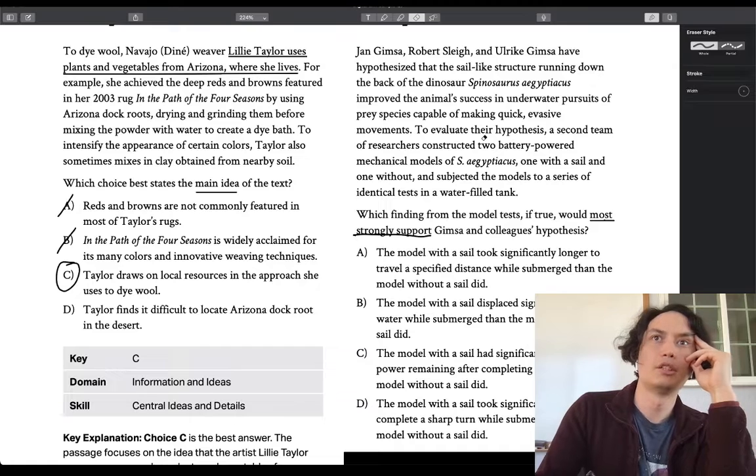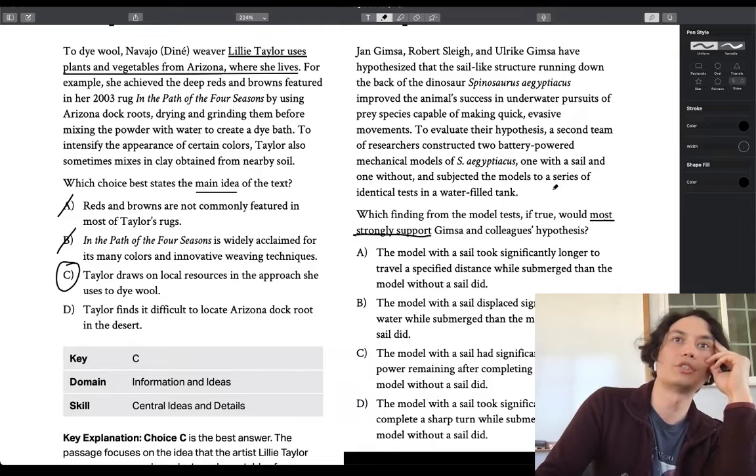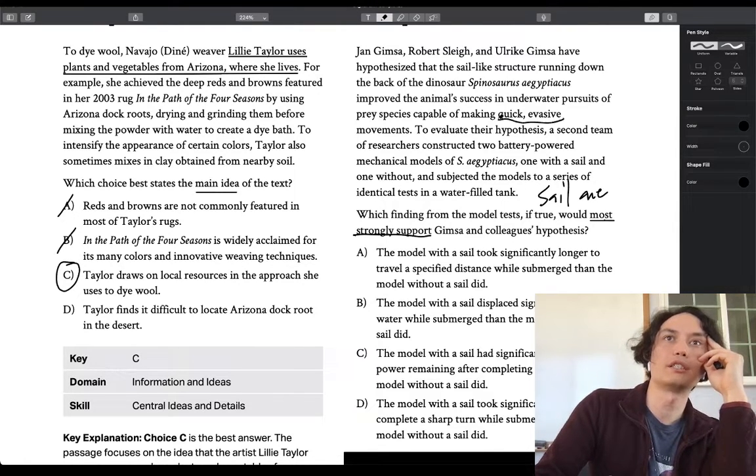All right. To evaluate the hypothesis, the second team of researchers constructed two battery-powered mechanical models, robot dinosaurs, one with a sail and one without a sail, and subjected the models to a series of identical tests in a water-filled tank.